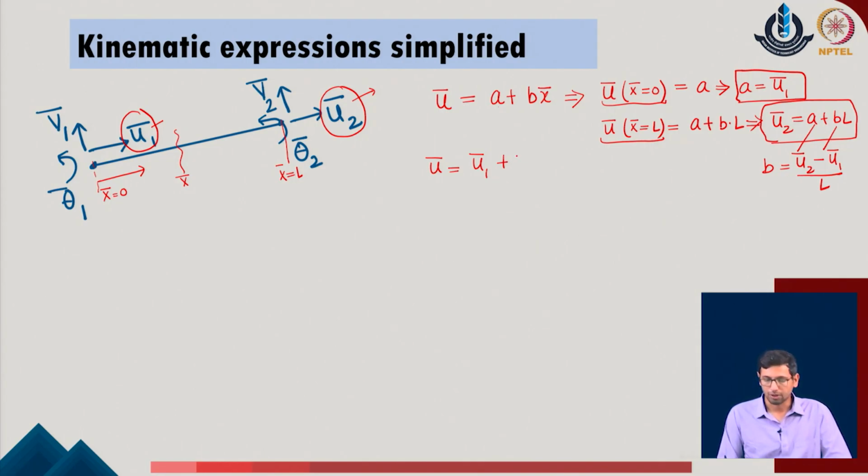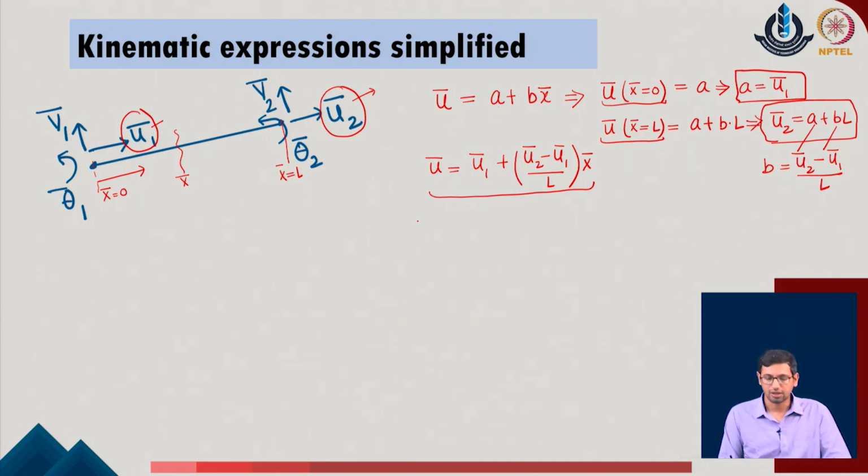Now, with respect to this parameter, I realize that u2 bar minus u1 bar upon L into x bar happens to be the displacement variation with respect to the longitudinal direction x bar in the given system.